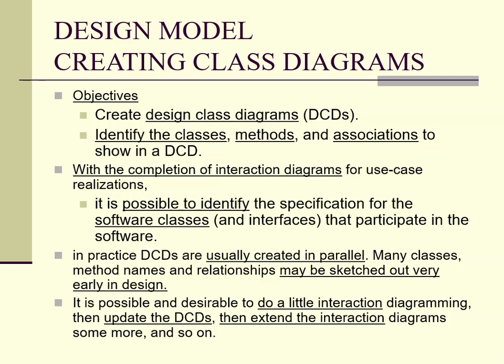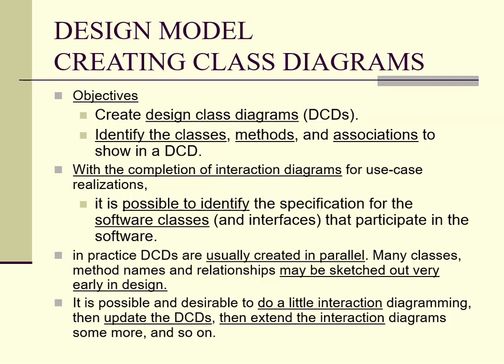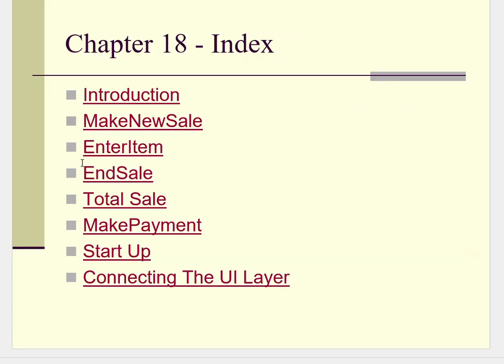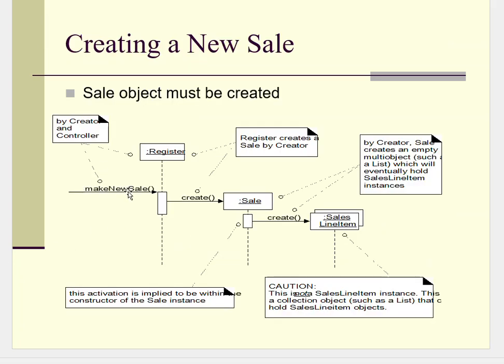Because in the interaction diagram, let me show you some of it here. Here it's chapter 18, the interaction diagram. In the interaction diagram, we have messages, as you see. For instance, all these messages here. This is a message, this is a message, and so on.